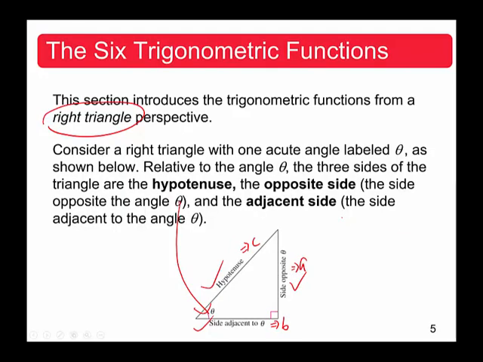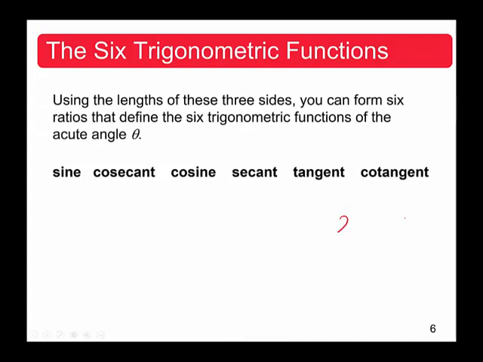That means A squared plus B squared equals C squared. So if you know any two of the sides, you can find the missing one from the above equation. And using the lengths of these 3 sides, you can form the 6 ratios.